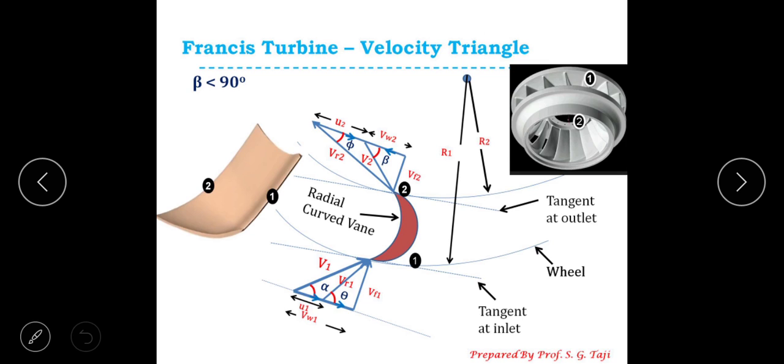Okay, as we did for the Pelton wheel, here also there are three cases: beta less than 90 degrees, beta equal to 90 degrees, and beta greater than 90 degrees. First case, beta is less than 90 degrees.